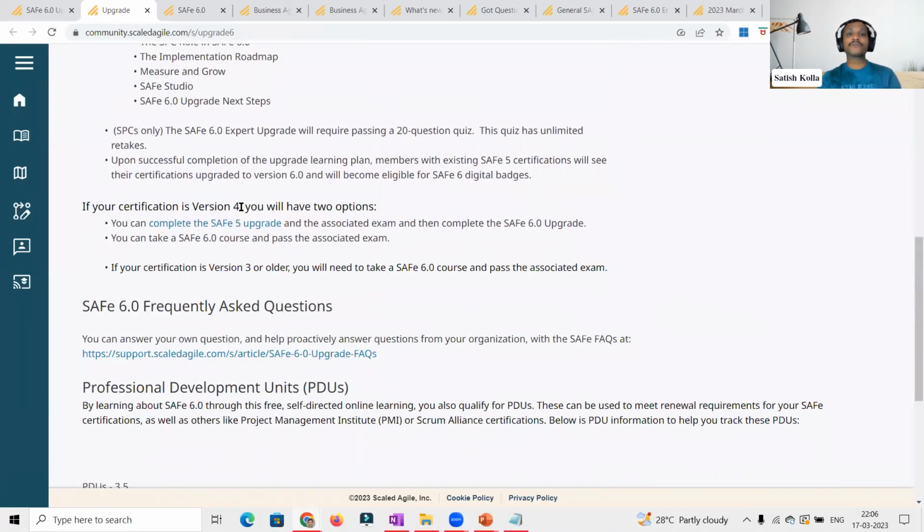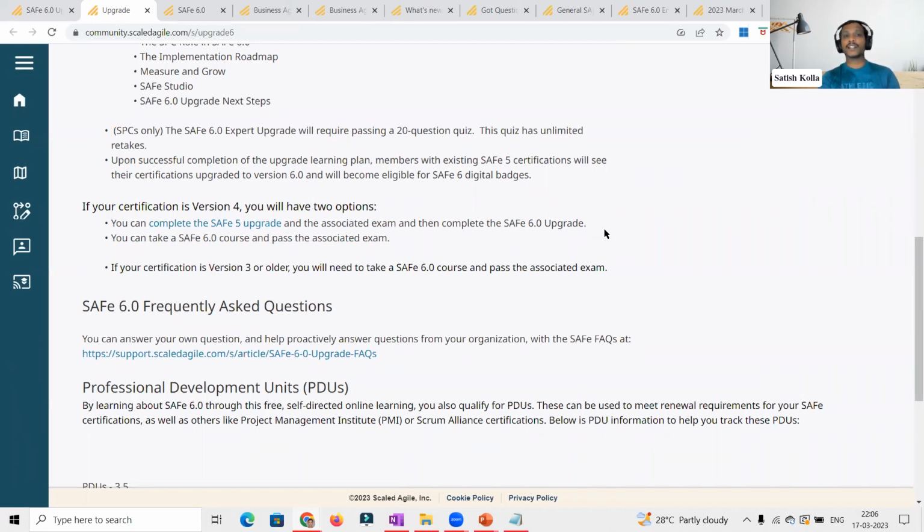Some folks are reaching out saying, I'm in version 4, so how can I upgrade to version 6? There is no direct version 4 to 6 long jump. The first step is you need to complete the version 5 upgrade from 4, and once that is done, that's when you can do the version 5 to 6. So it is an incremental upgrade, not a direct jump.